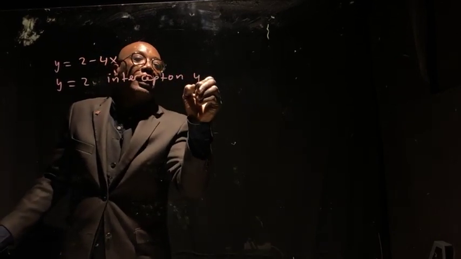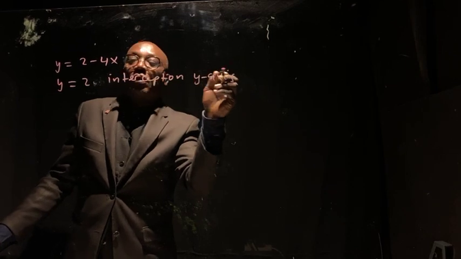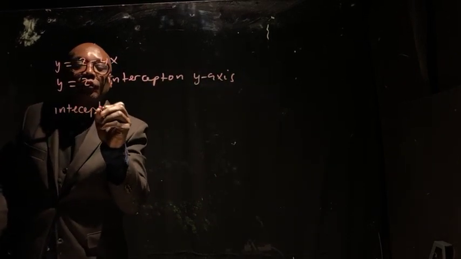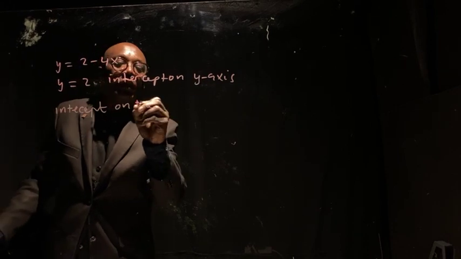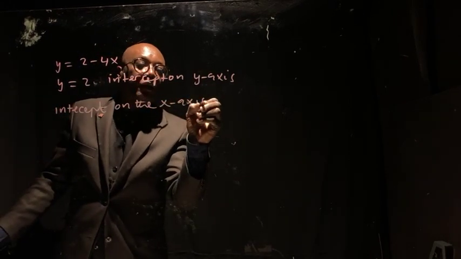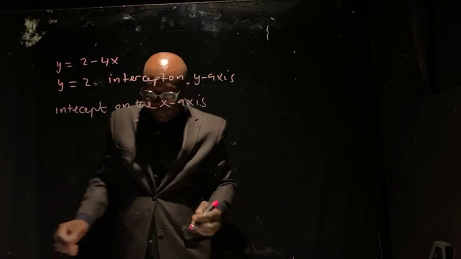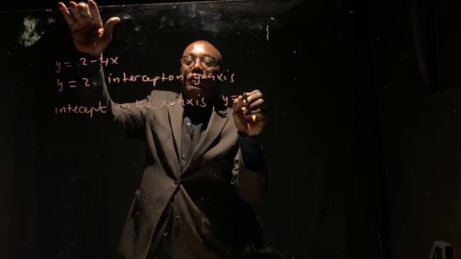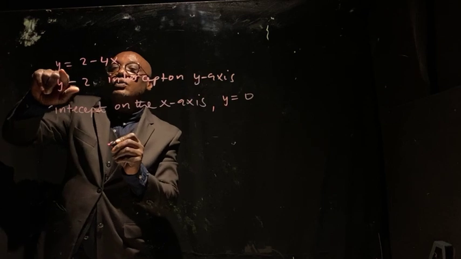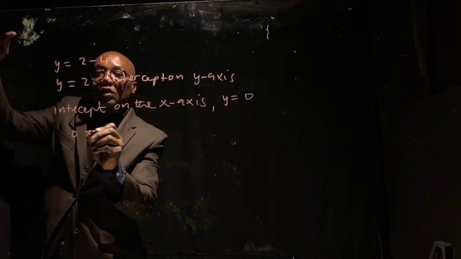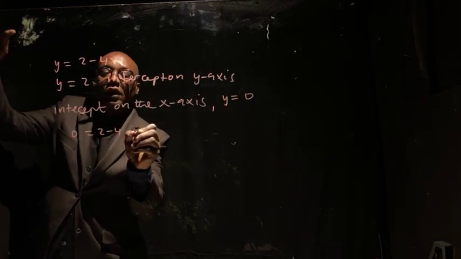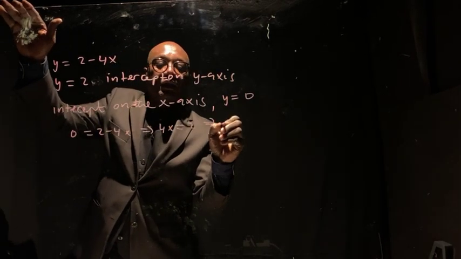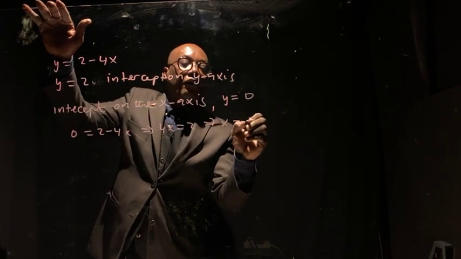Now, the intercept on the x-axis. y equals 0. In that case, we have 0 equals 2 minus 4x, which implies 4x equals 2, which implies x equals half.